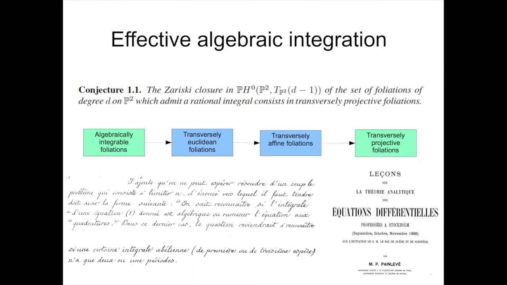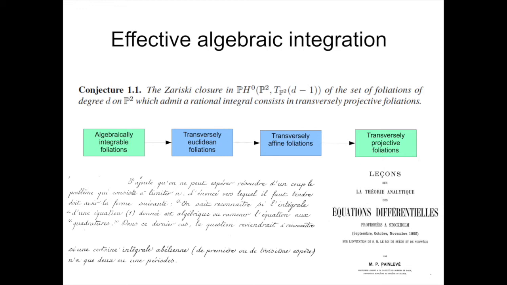Morally, let's say. Of course, when I say that foliations are pulled back by a rational map of a Riccati foliation, if you want to really implement this, we would still need to find this Riccati equation and this rational map. But I know a priori that they exist. I'm not saying that I'm giving an algorithm.